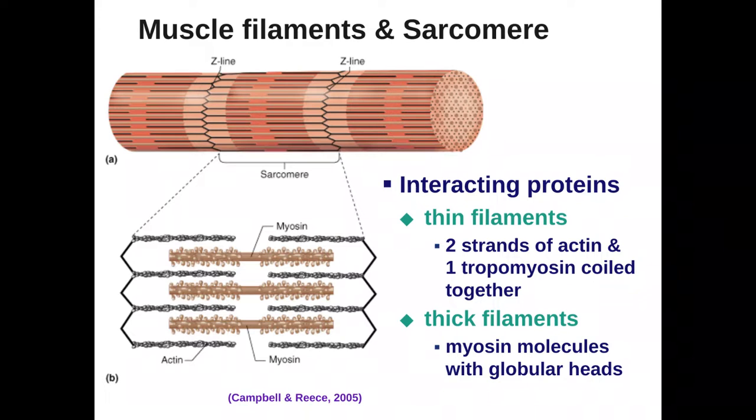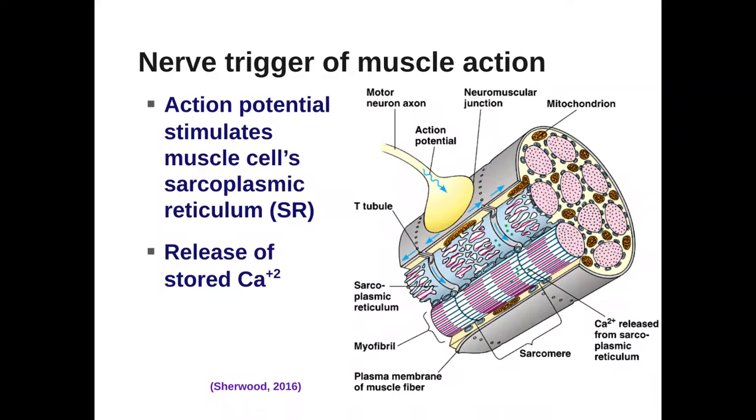And there are going to be troponin molecules that are going to move the tropomyosin at certain times, allowing for cross bridges to be achieved. Within the thick filaments, again, we have the myosin, a molecule with a long protein with a globular head on the end. You can see some of those heads within this picture.